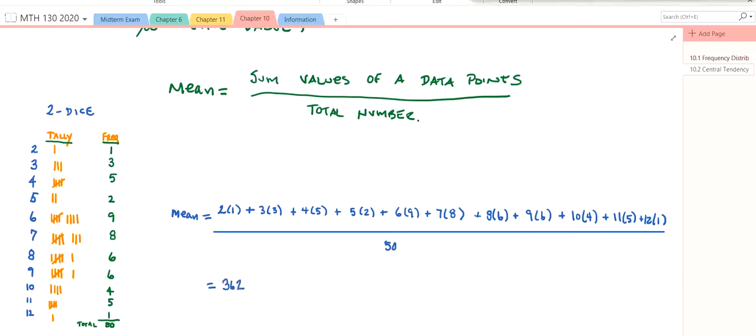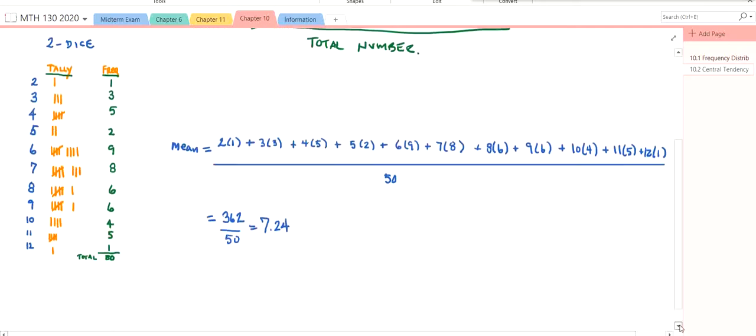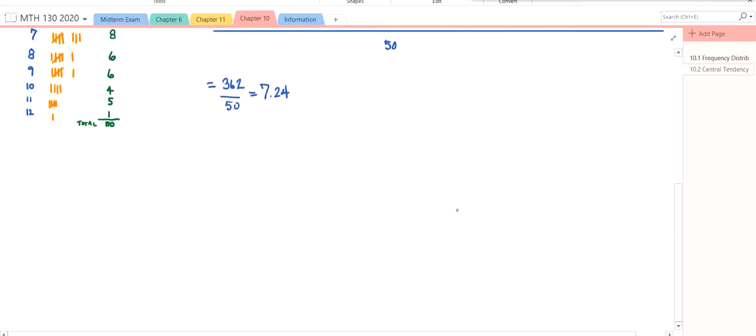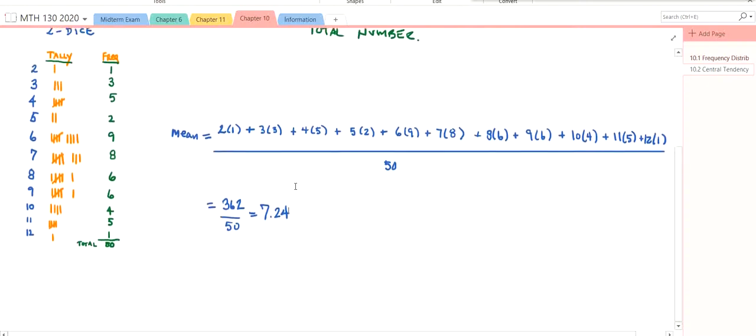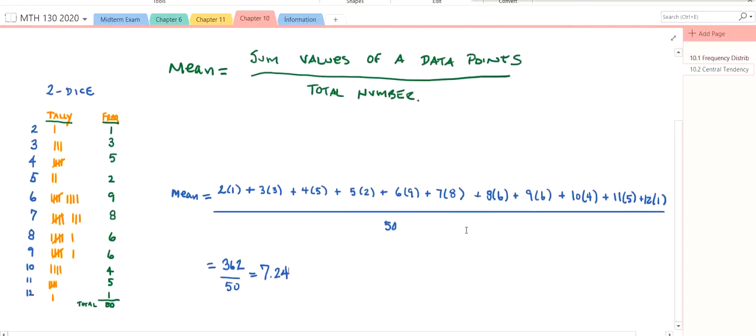So then I get 362, I think, here over 50, which equals 7.24. So the average roll I make is then 7.24, or the mean.